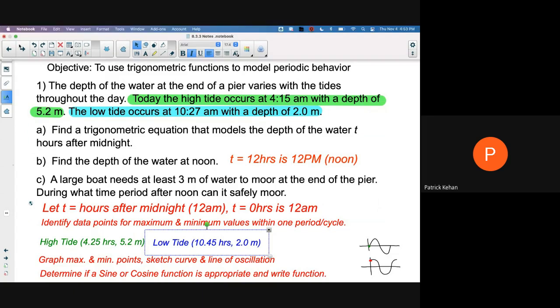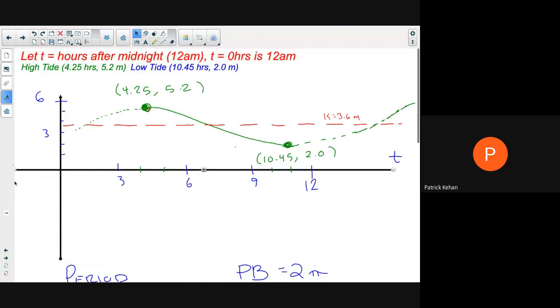So we'll scroll over and I already have the graph created, but I'll walk you through it. When you do this, I always like to make my t-axis long enough to give me almost, if not more than, a full period. So I know that I have a high point at 4.25 hours after midnight.